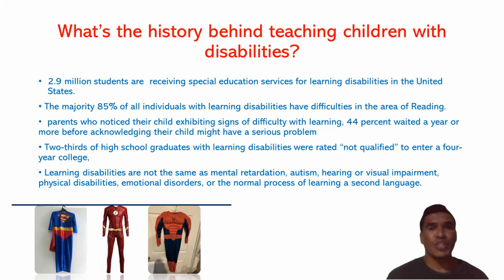Among parents who notice their child exhibiting signs of difficulty with learning, 44% waited a year or more before acknowledging their child might have a serious problem. Wow, it is very interesting.